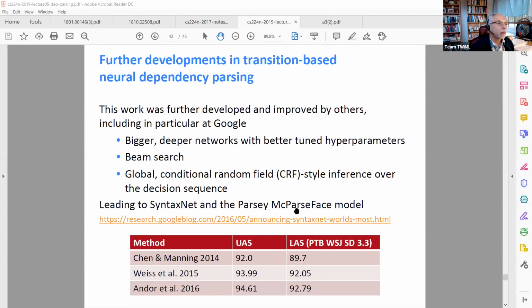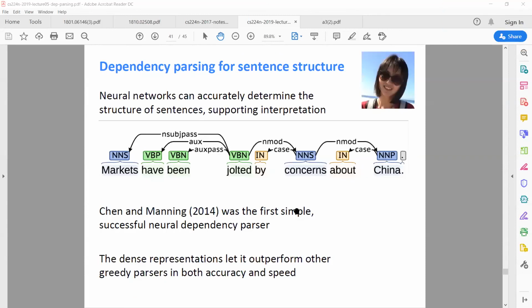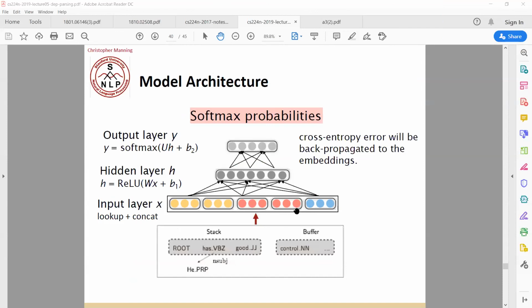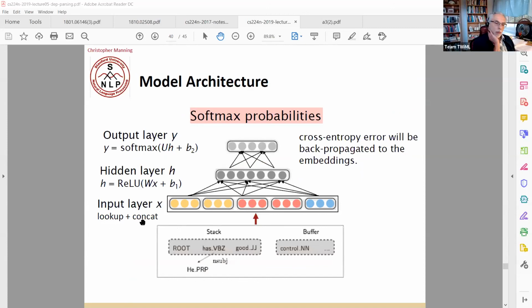Sorry, I just have one quick question back to that diagram. Joseph, what is the lookup on your input layer? Lookup is when you look up the embedding. In other words, you don't have to do a matrix operation to get the embedding. Formally, you build a one-hot encoded matrix and multiply it by the embedding matrix.